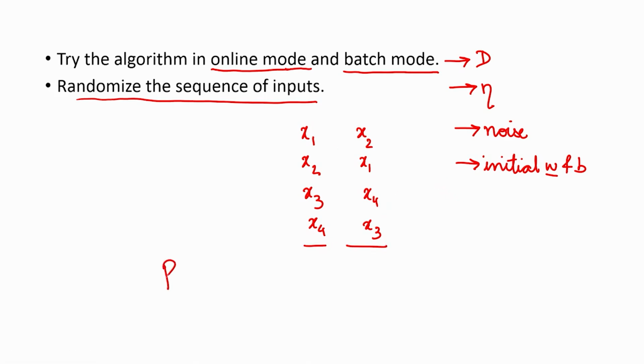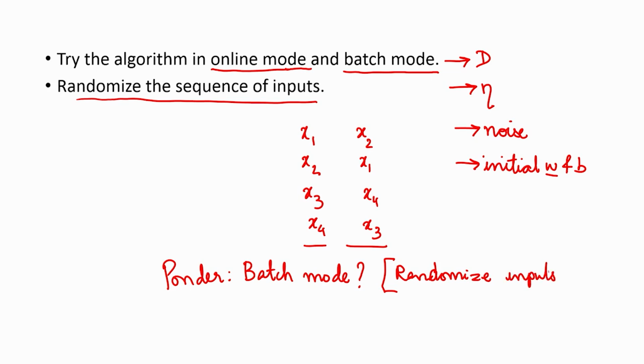Try to ponder upon what happens for randomizing of the sequence in batch mode. Does it actually give any difference? If not, why?